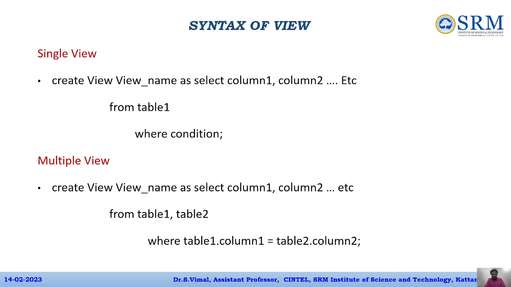Here I'm going to apply the condition in WHERE: table1.column1 equal to table2.column2. If this condition is true, it will take the columns we have mentioned for the view table. It will store all these column details in the newly created view table.